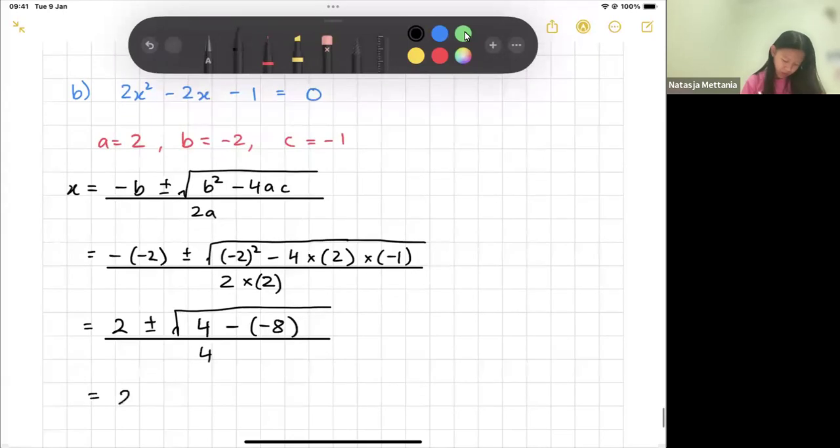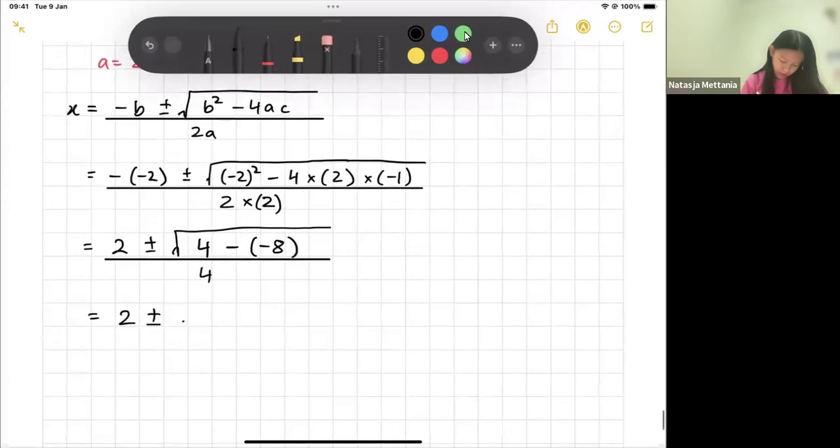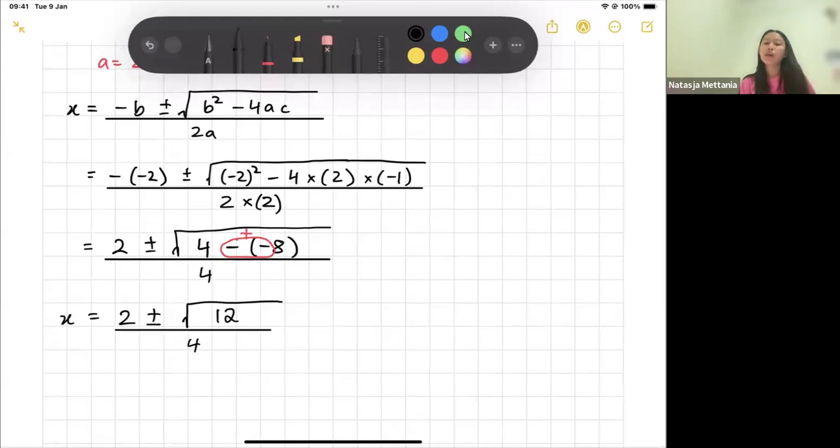Okay, let's simplify that even further. 2 plus or minus square root, this here turns into a plus, a minus and a minus turns into a plus. So 4 plus 8 gives me 12, all over 4.